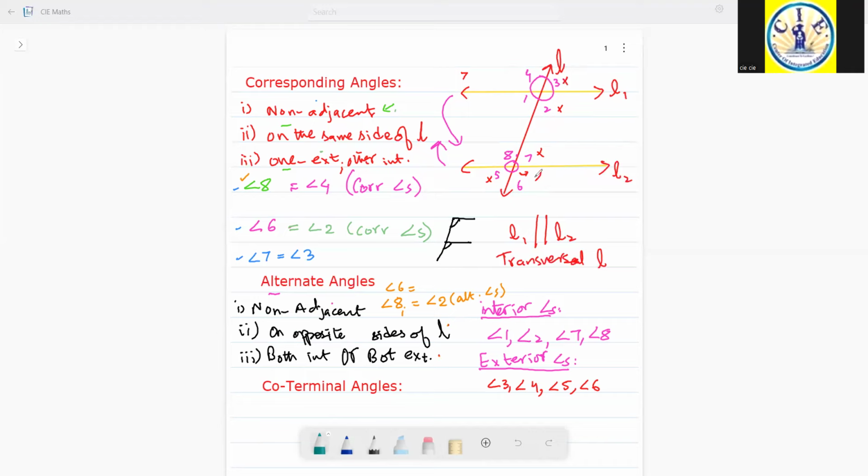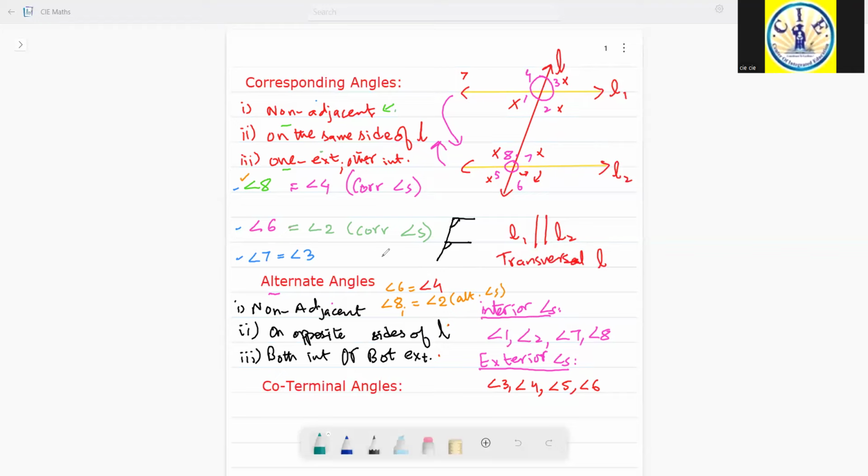Since angle 6 is lying on the outer side, its alternate angle should be lying on the exterior side as well. So angle 8 and angle 2, which are the interior angles, are ruled out. So angle 6 has angle 4 as its alternate angle.